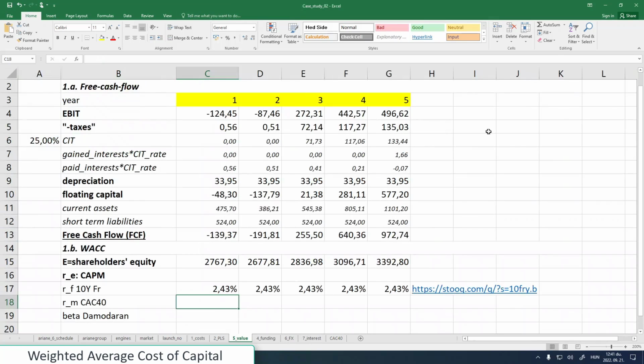Yeah. And valuation, and let's put it here.